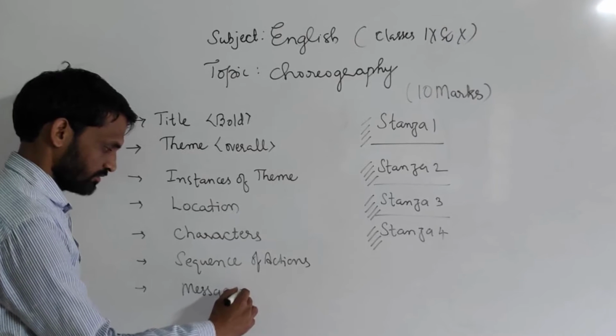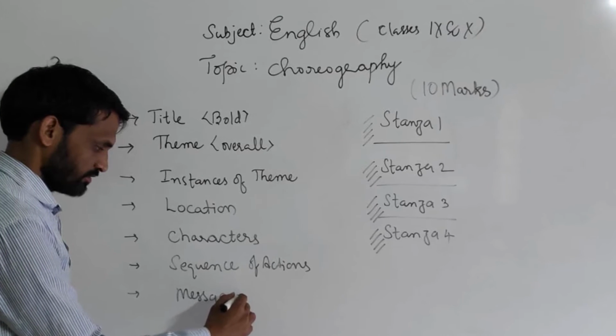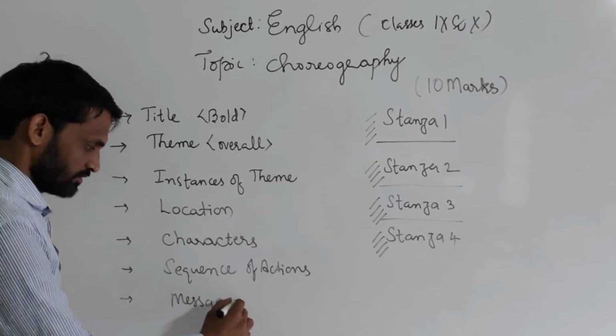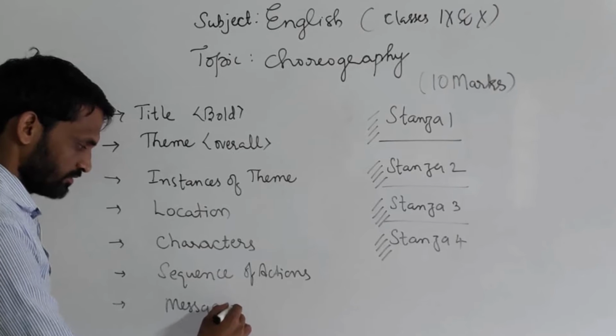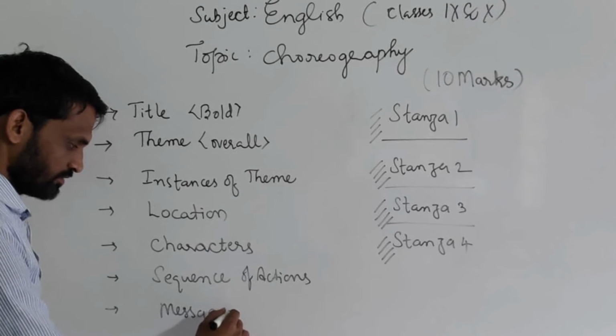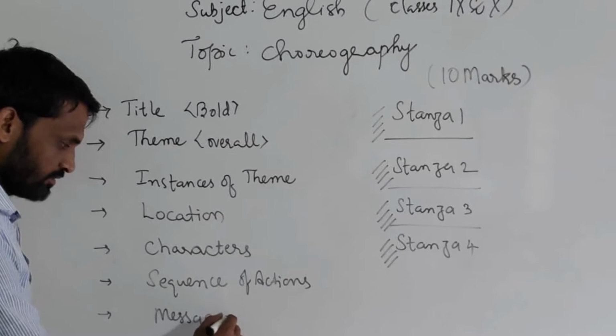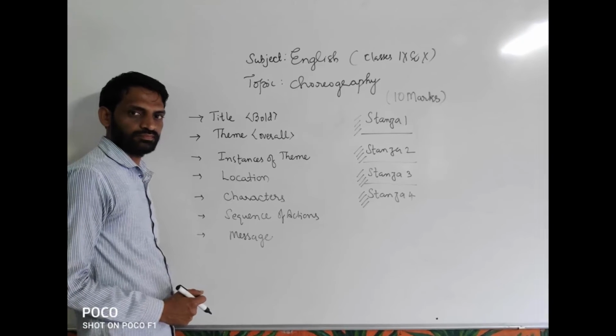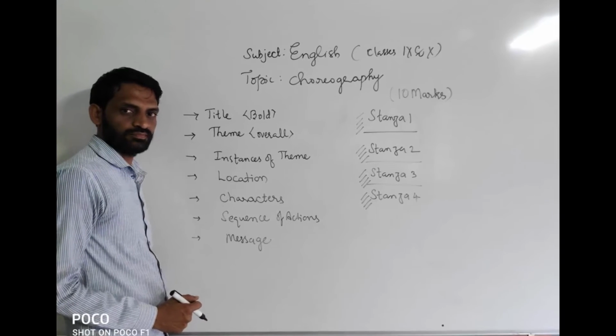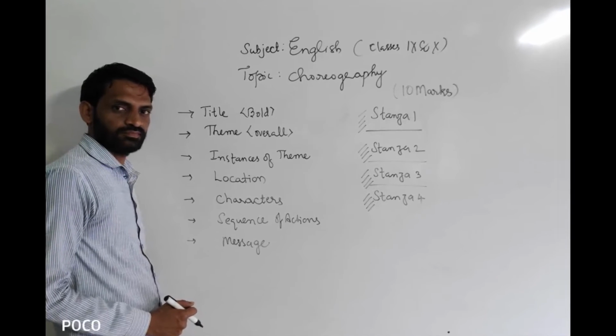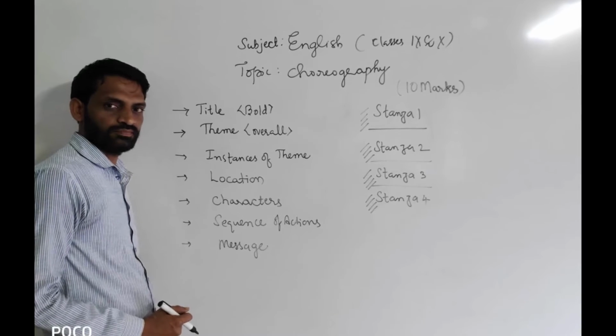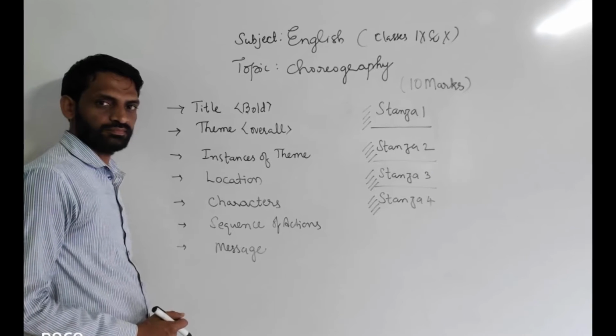Theme is the overall understanding of the particular poem. You need to read the whole poem and you need to understand what type of message the poet wants to give us and what the poet is trying to convey.